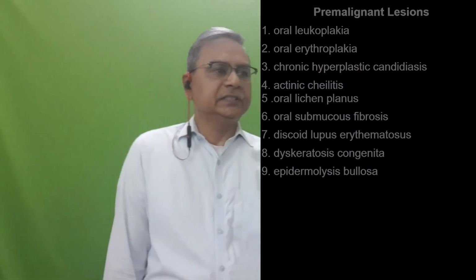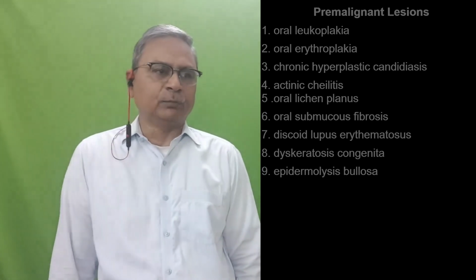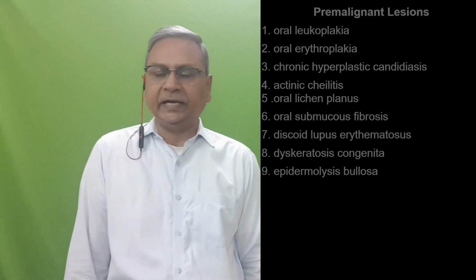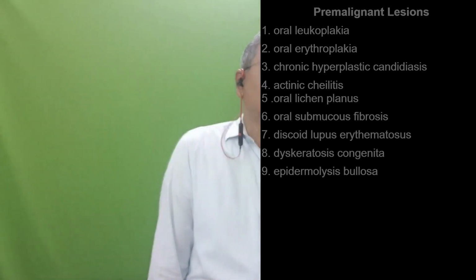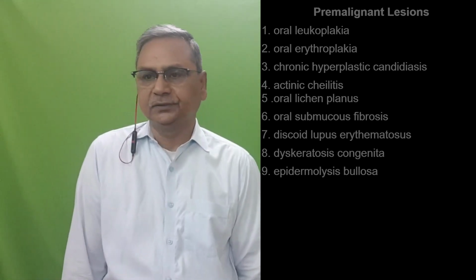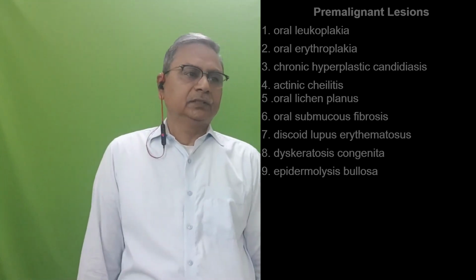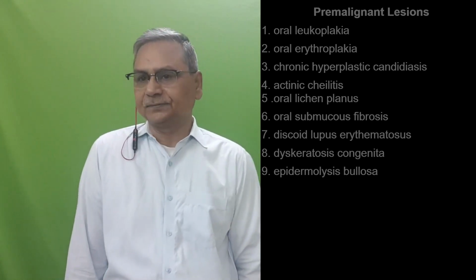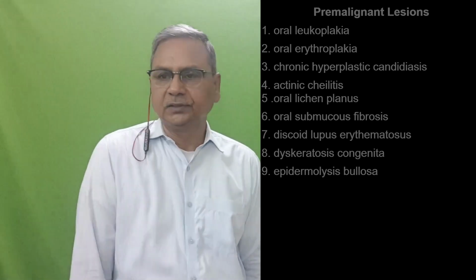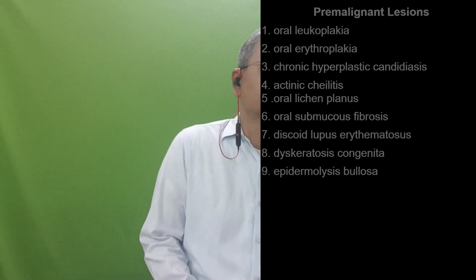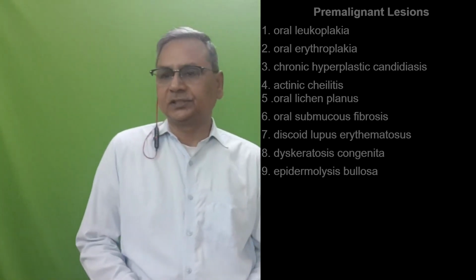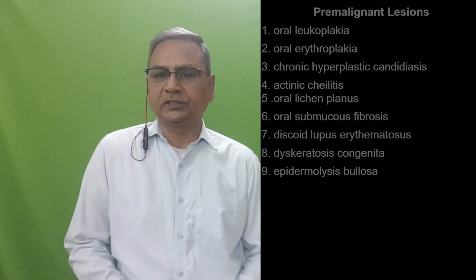Some oral mucosal diseases are associated with significant morbidity and mortality, particularly oral potentially malignant disorders and oral cancers. Oral potentially malignant disorders include oral leukoplakia, oral erythroplakia, chronic hyperplastic candidiasis, actinic cheilitis, oral lichen planus, oral submucous fibrosis, discoid lupus erythematosus, dyskeratosis congenita, and epidermolysis bullosa.